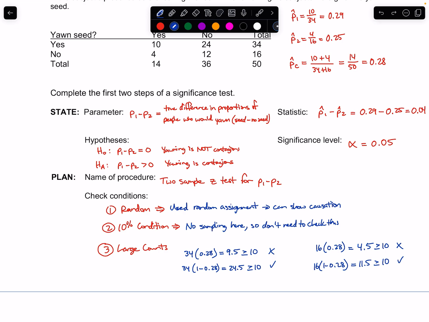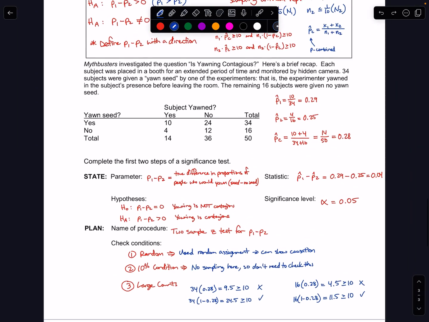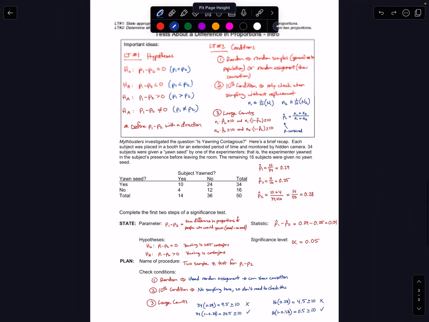But yeah, hopefully that makes some sense. It's kind of a conglomeration of a lot of stuff we've learned so far in the last couple of chapters. If you have questions, let me know. But otherwise, you have your assignment for 9.3a. And otherwise, I will see you in the next one.